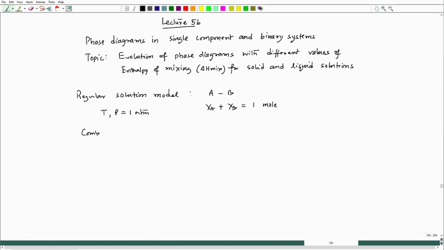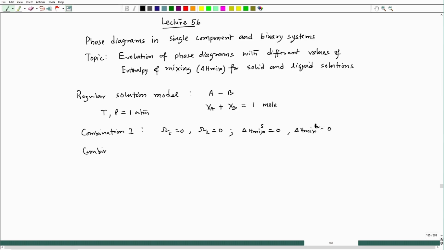Combination 1, where we have taken omega S equal to 0 and omega L equal to 0, which corresponds to del H mix of solid equal to 0 and del H mix of liquid equal to 0.